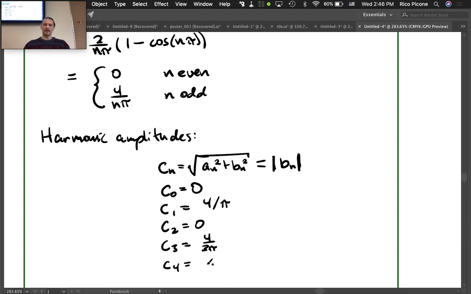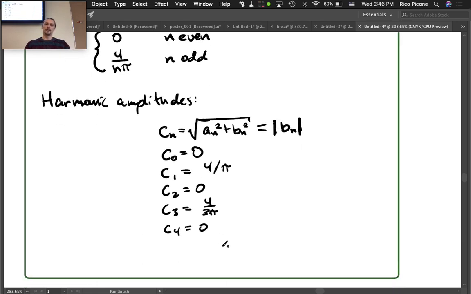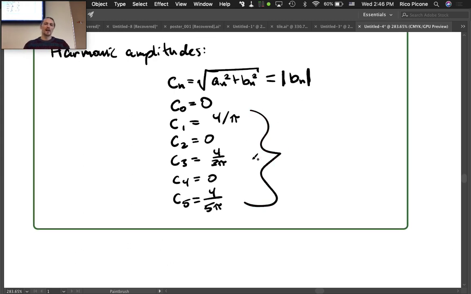C4 is even, so 0. And C5 is 4 over 5 pi. Great. So these are the first 5, I guess. The DC one usually we leave off. We don't count it as a harmonic, but yeah. Okay, so that's that.